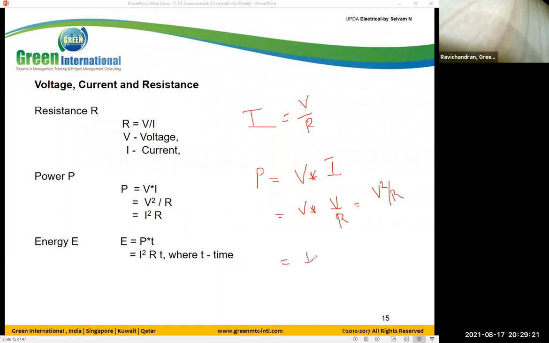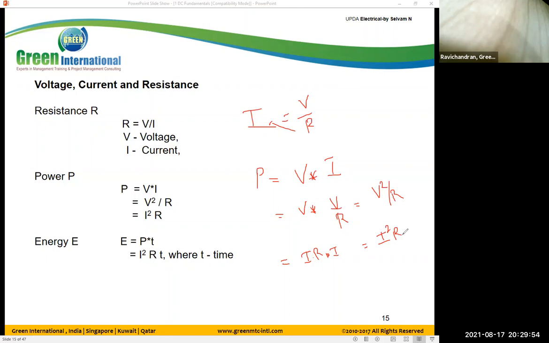Similarly, the voltage we may write as I into R. So that's why for power we have one more formula, I square R. And energy is the product of time and power. It is easy to remember with kilowatt hour: the energy meter reads kWh.